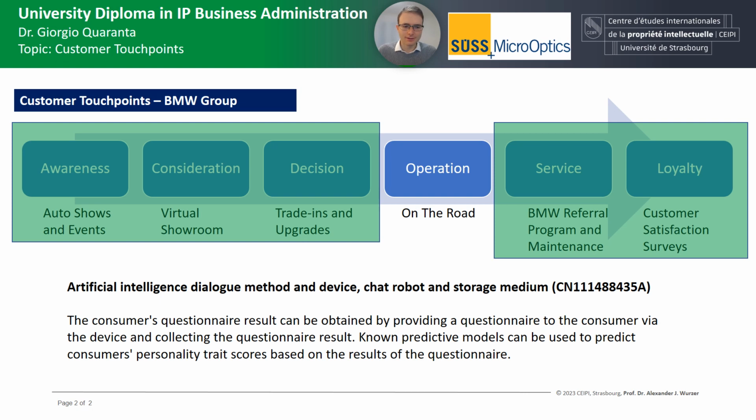For example, I found an application regarding an artificial intelligence method or algorithm, and this is very interesting because it is applied to online questionnaires and surveys which are shared with the clients.